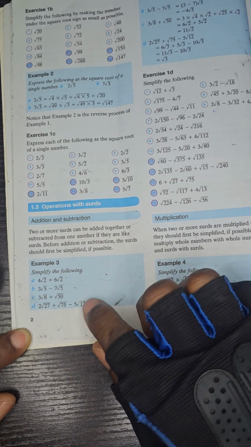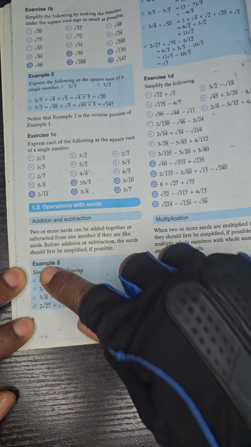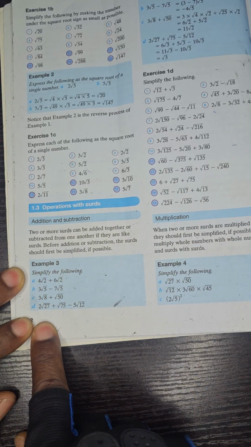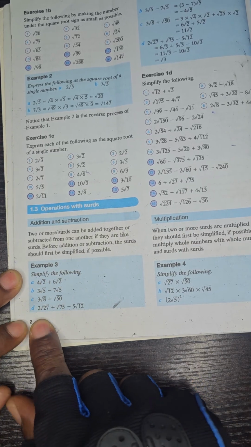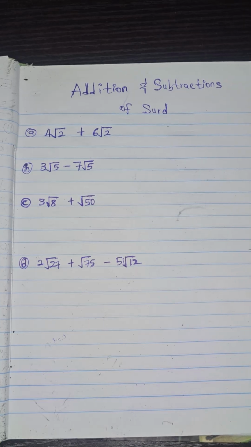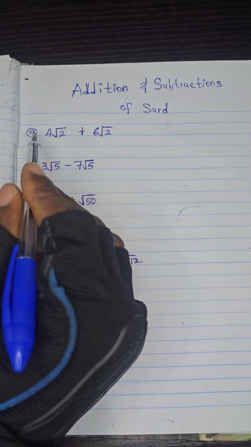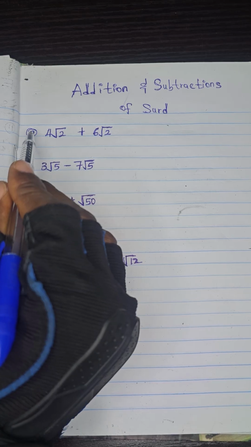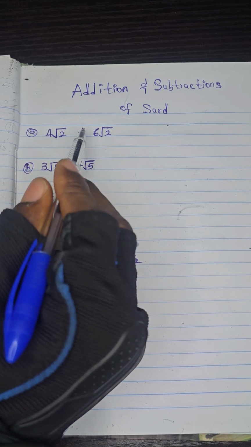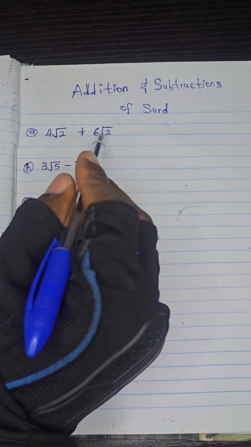So let's dive into this exercise by solving these examples here from A to D. So let's start solving. For number A, you can see that 4 root 2 plus 6 root 2.